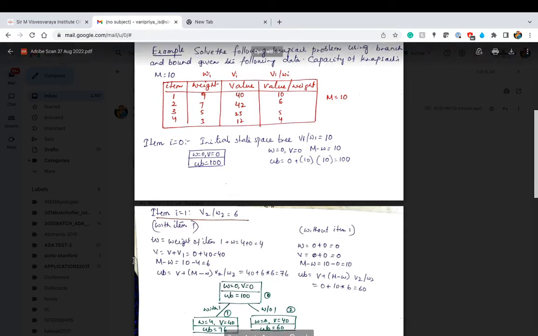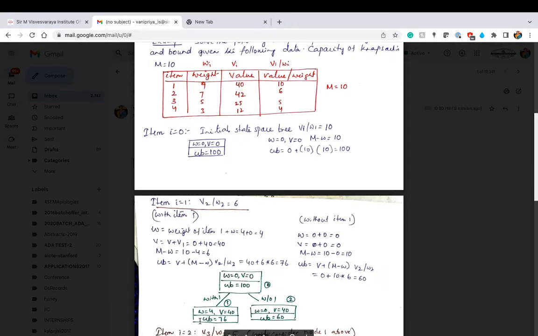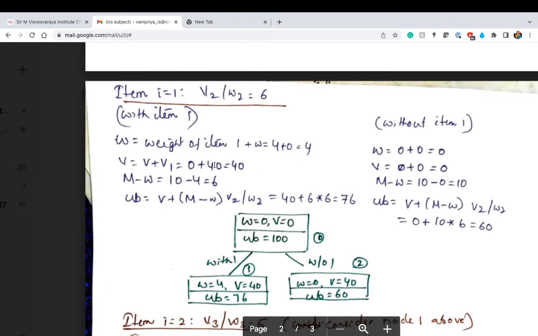In the same way, V is nothing but the value of the first item, which is 40, plus the previous value, because all the weights and values are added along this path. The previous weight and value are 0 and 0 here. That's why we are writing W is equal to 4 and V is equal to 40. This 4 and 40 are the weight and value of the first item.